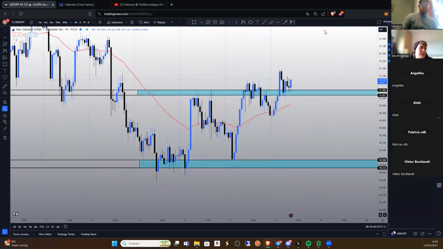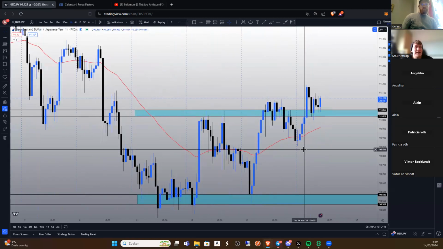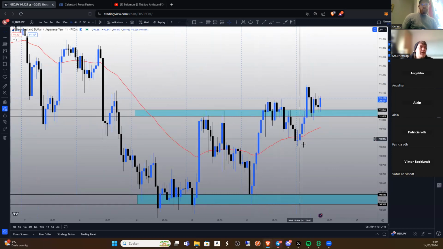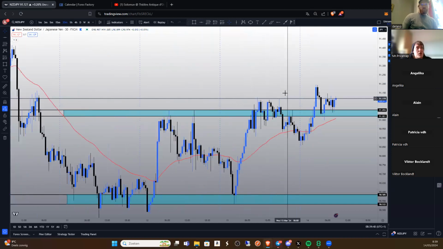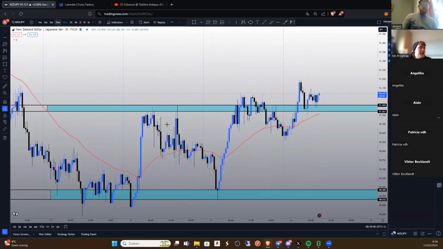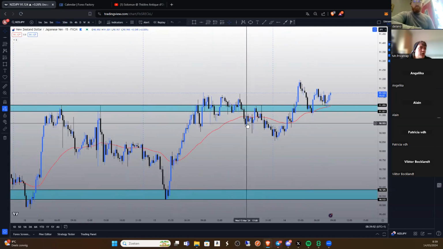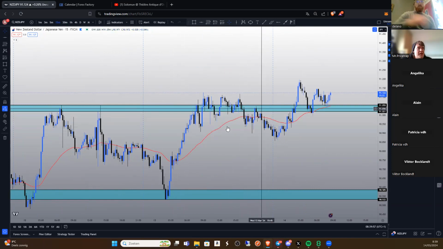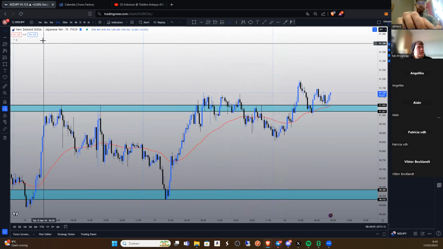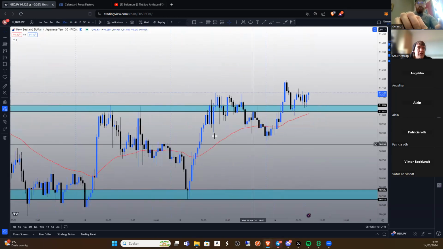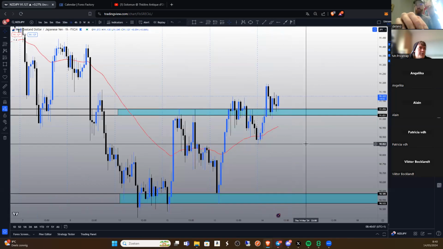Good, then we have NZD/JPY. Like you can see, NZD/JPY did give us a retest, so we broke out, we came back for the retest. We did have different price action or opportunities right over here. We had it before spread hour with this engulfing candle over here and different price action at this point. And then after the spread hour, we also had some price action to maybe re-enter if your stop losses got hit or that kind of movements here, all right?